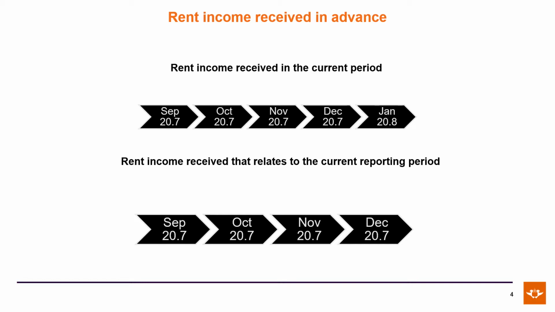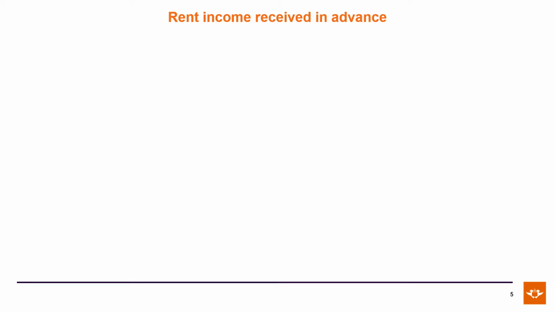Remember, January is in the following reporting period. So January forms part of the following reporting period, so rent income was received in advance for this. This is a liability because the tenant hasn't utilized the property yet, but they've already paid for it.